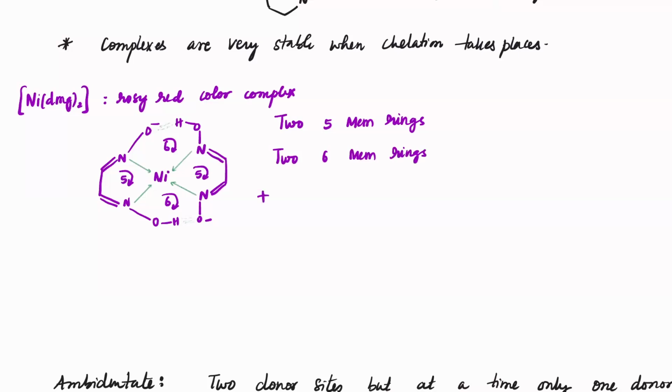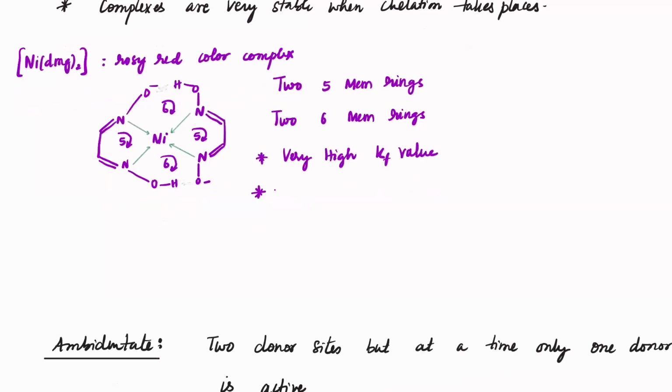And this is a very high Kf value because of its high stability due to chelation. The Kf value is very high and it is a very stable complex.